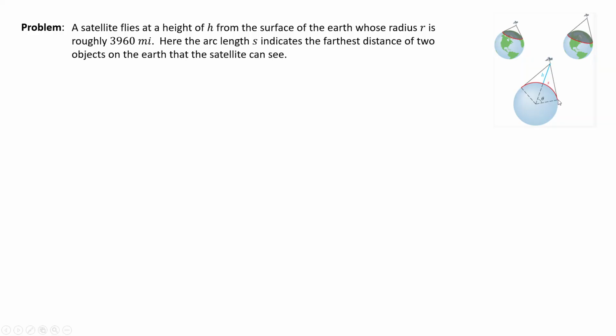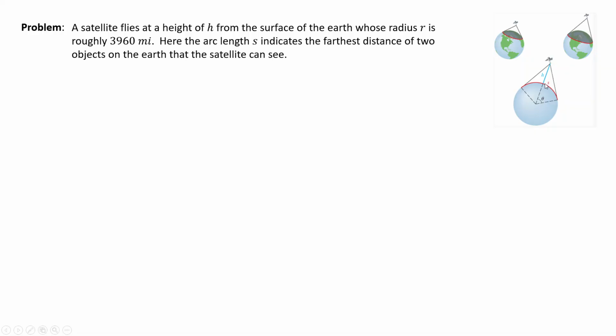It can see the lights of one city, and all the way on the other side, it can see the lights of another city flying at this distance. So if we measure this arc length, we have found the farthest distance that the satellite can see flying at a certain height.